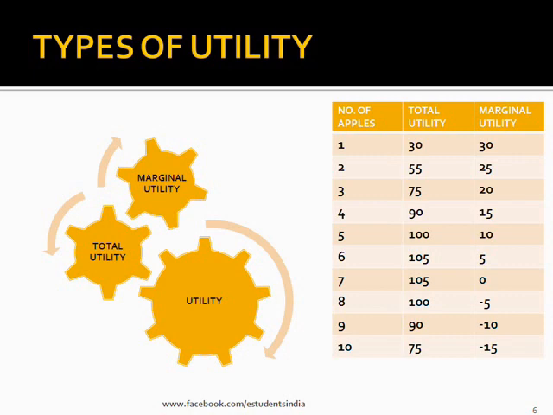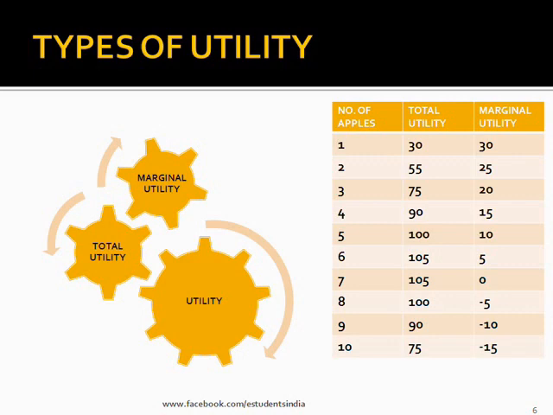The marginal utility here would be 25 units of the second apple consumed. Marginal utility is delta TU divided by delta Q, where delta TU is the change in total utility and delta Q is the change in quantity. Here it is (55 minus 30) divided by (2 minus 1), which is 25.